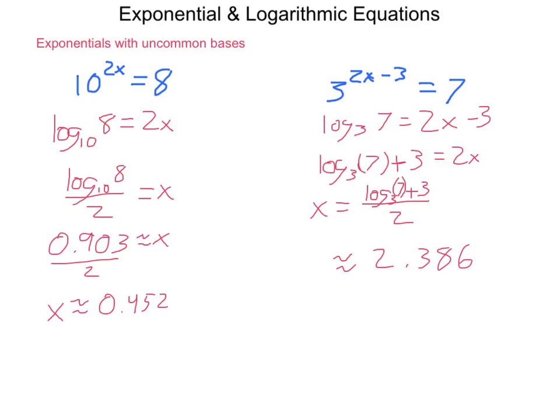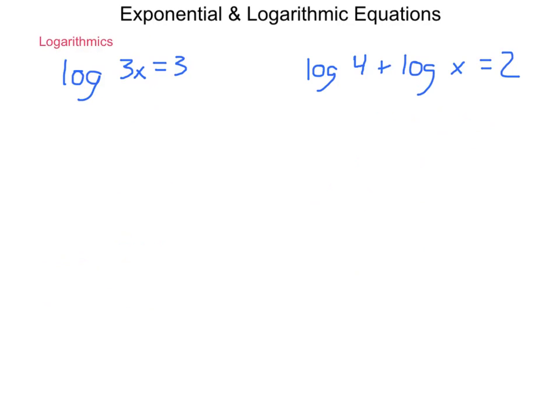Now, solving for exponents using logarithms is one way, but what happens when we need to go the other way? So now we're looking at log of 3x equals 3. With this, we're going to apply the properties of logarithms and exponents in order to get us to the other side. This is a common log, so we have base 10.